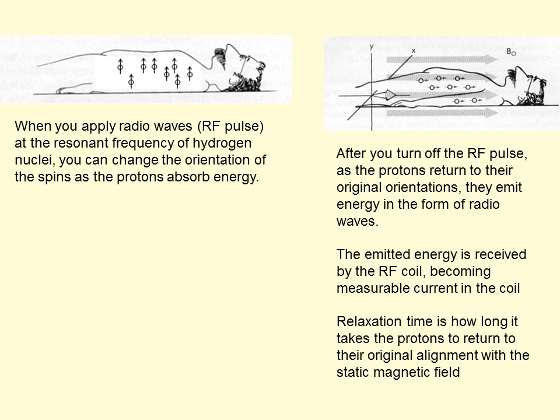And now the RF coil is in receiver mode, and it measures that energy, and so that energy becomes electrical current in a coil measured in amperes, and that, if you like, is the basic dependent variable in MRI, and in fMRI it is electrical current measured in amperes in an RF coil.